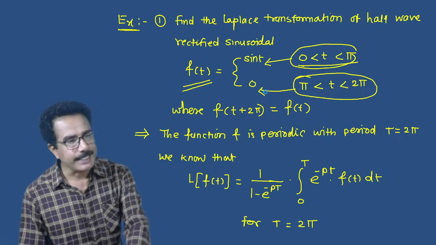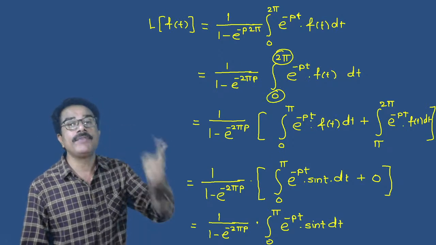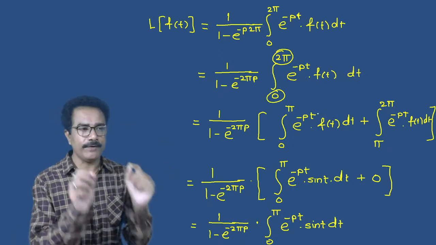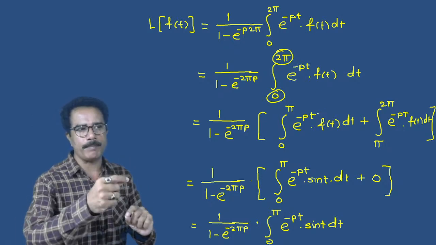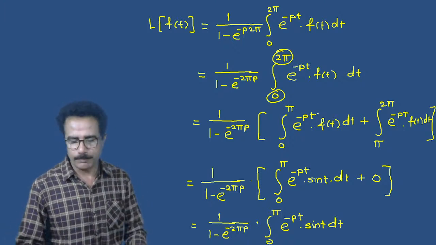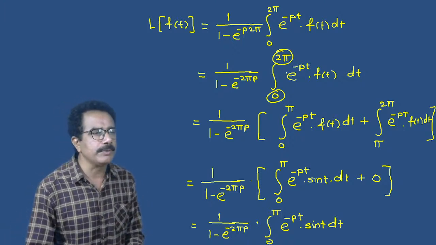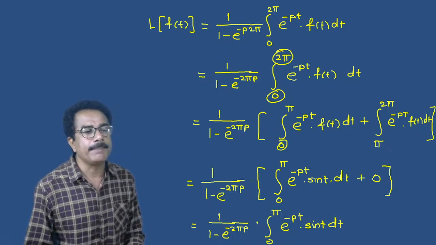So our aim is to distribute this integral from 0 to 2 pi in the form of pi, because f of t has a different value between 0 to pi and another value between pi to 2 pi. So we have to distribute this integral from 0 to pi and pi to 2 pi.